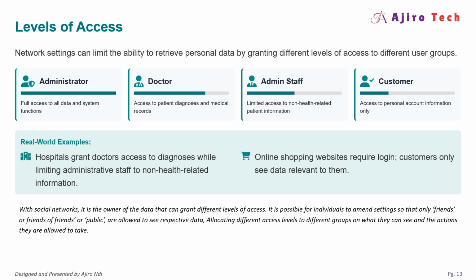Or on the other hand, if the setting is made public, it means that particular data can be seen by everyone. So allocating different access levels to different groups limits the information that the different groups can use and the actions they are allowed to take. Very, very important.